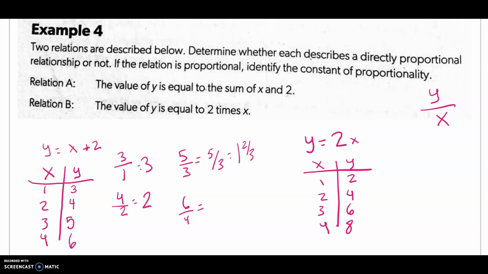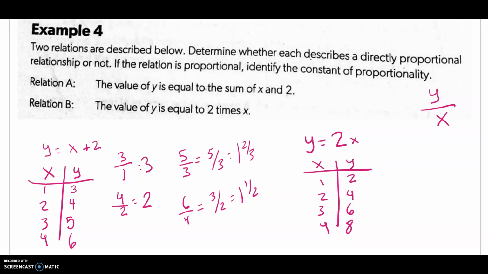And 6 divided by 4 is just 1 1/2. If you notice, we got 4 different answers. So that means relation A is not directly proportional. If it was, we would have got 4 of the same answers. So A is not proportional.